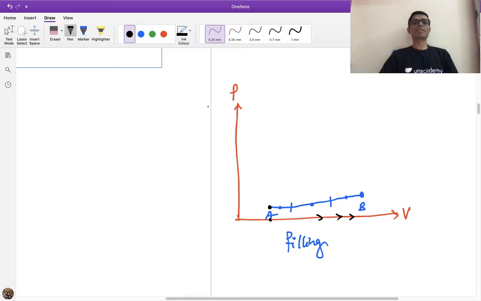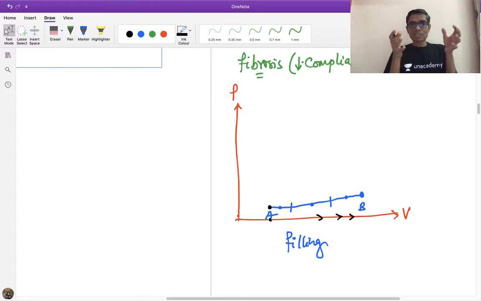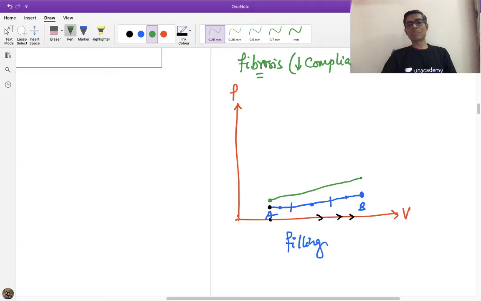But note down, suppose the person is suffering from fibrosis of the ventricle. What happens whenever there is fibrosis of the ventricle? We know there is decreased compliance of the ventricle. Decreased compliance means ventricular stretchability is not that much. Now if the ventricular stretchability is less, what will happen to this A to B line? Simple answer: this A to B line will be shifted in the upward direction.